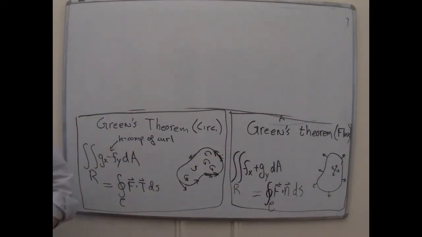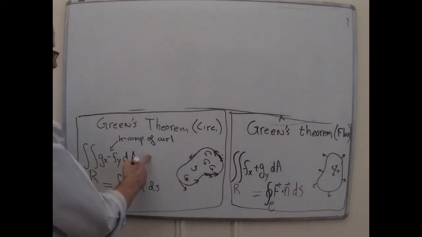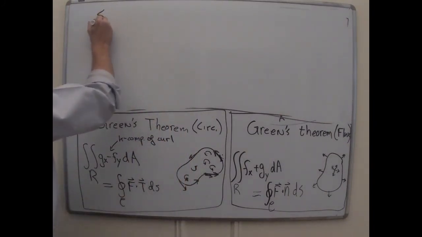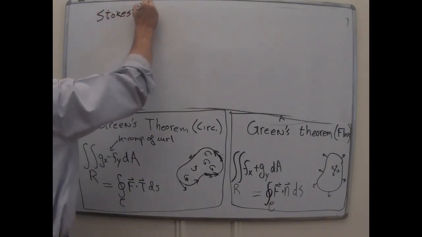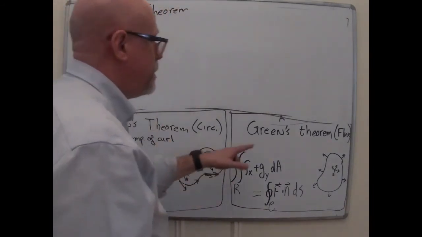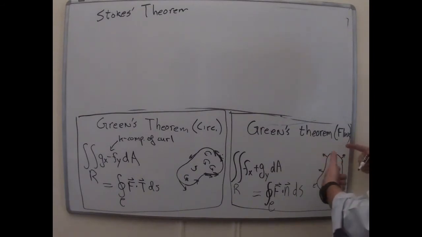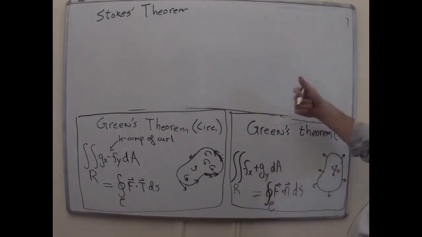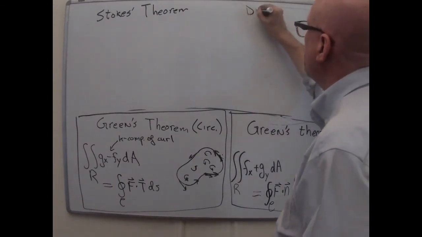So what we're going to see on the left, a continuation or generalization of Green's theorem, is Stokes's. And on the right, a generalization of the flux form of Green's theorem up into higher dimension, into 3D, and that's the divergence theorem.